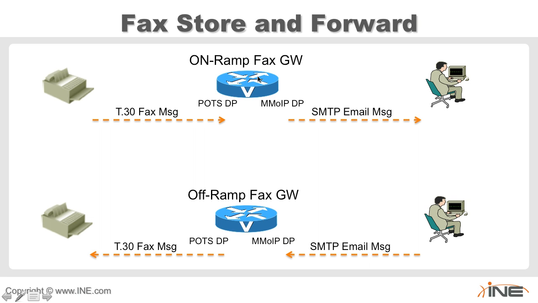All you have to do is activate it or call it from the POTS dial peer. Then the off-ramp TCL script, which is a separate one, looks at the email, disassembles it, grabs that PNG, modulates that information into tones, into audible frequencies, and sends out a T.30 fax message to the fax machine.